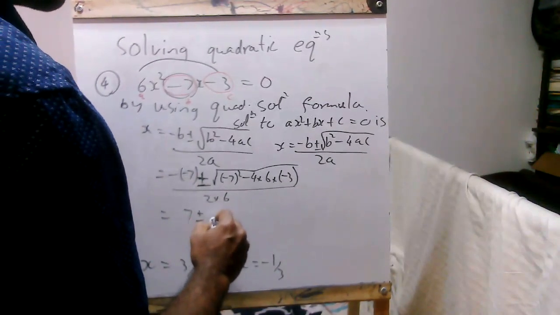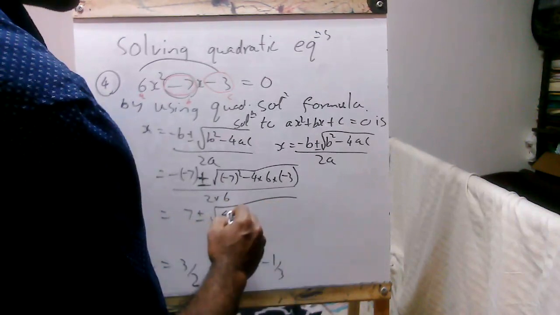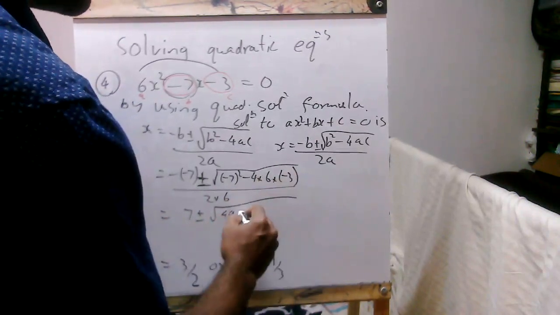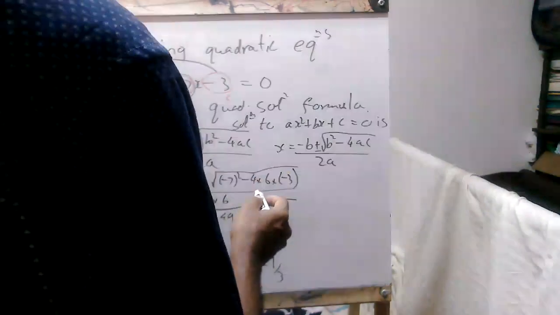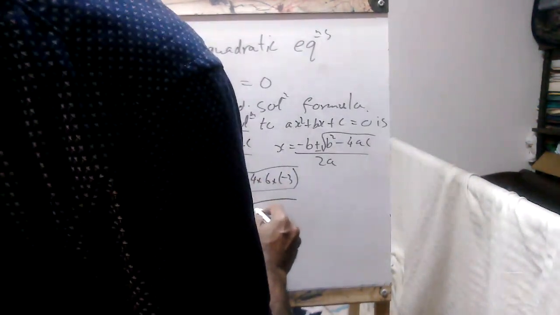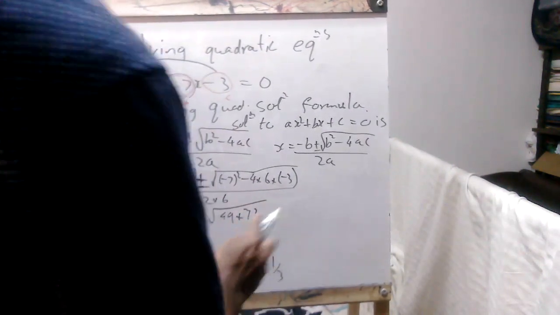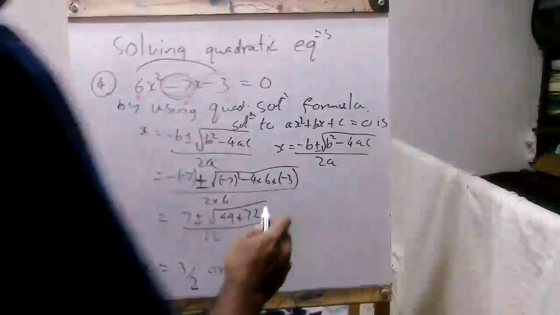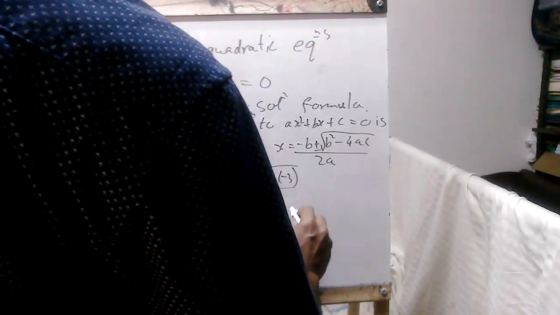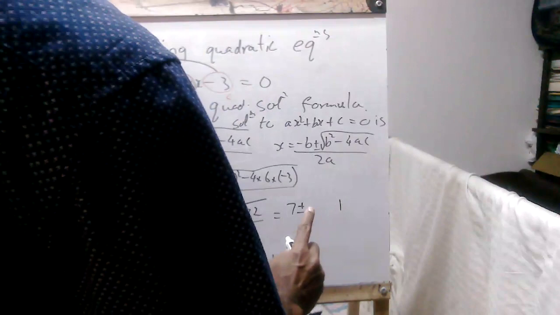7 plus or minus the square root of 49, negative and negative is positive, plus 72, divided by 12. 7 plus or minus the square root, divided by 12.